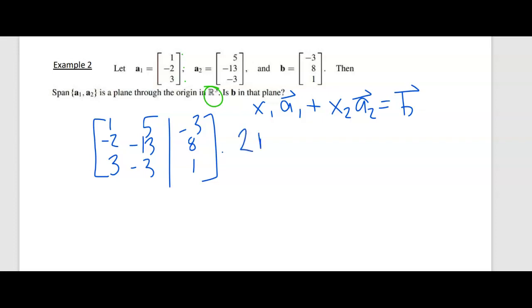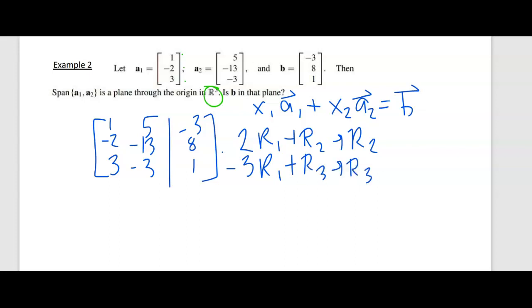All right, I'm going to take 2R1, add to R2 and put that back into R2. I'm going to take negative 3R1 and add R3 and put that back into R3. I get zeros when I do that here. All right, 10 minus 13, negative 3. Negative 6 plus 8, 2. 0 there.